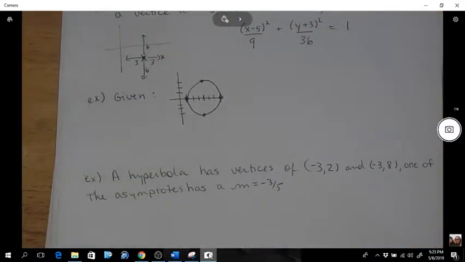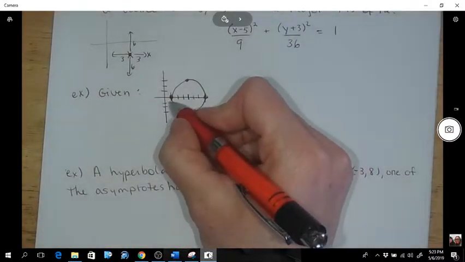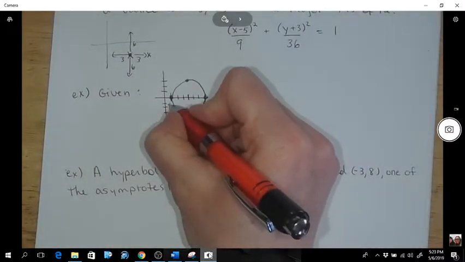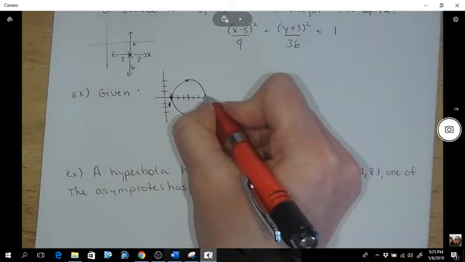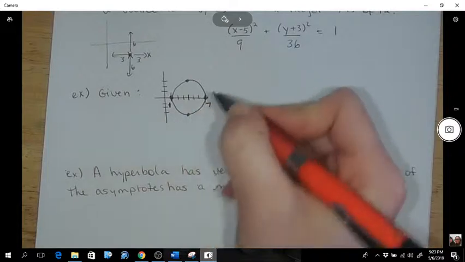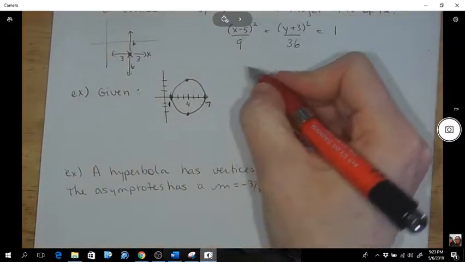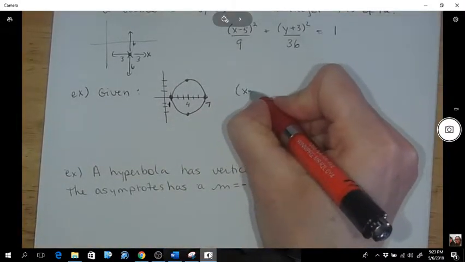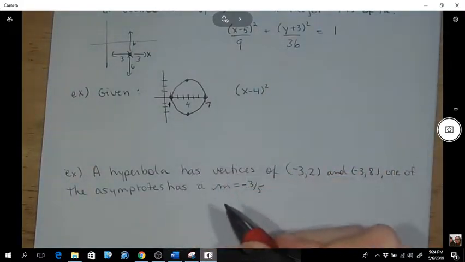Okay, find the equation given this graph. Okay, so I have a circle. This is at an x value of 1, 2, 3, 4, 5, 6, 7. Okay, so therefore the x in the middle would be a 4. So (x - 4) squared, that's part of my circle.